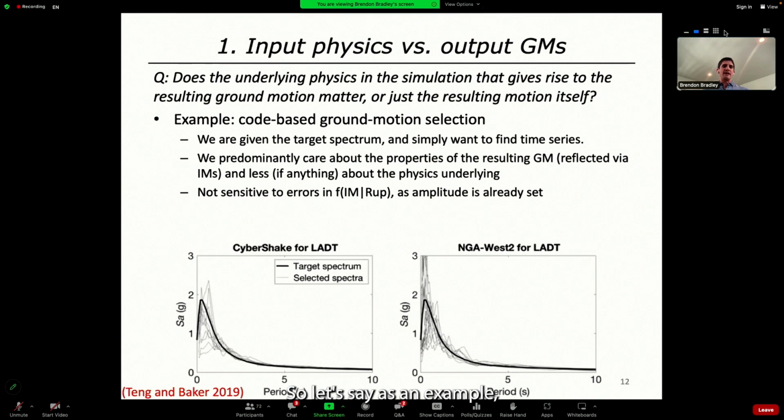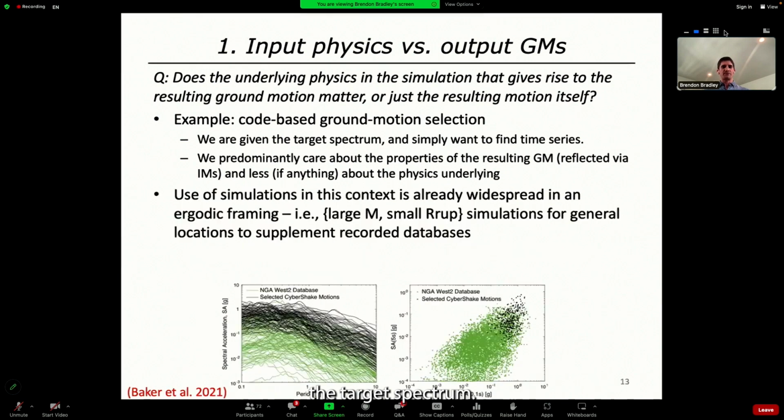So let's say, as an example, if you had a simulation method that actually over-predicted ground motion intensity for a magnitude 7 rupture, that's not really going to matter much, because we're not focused on the distribution of intensity measure given rupture; we're already specifying the target spectrum.